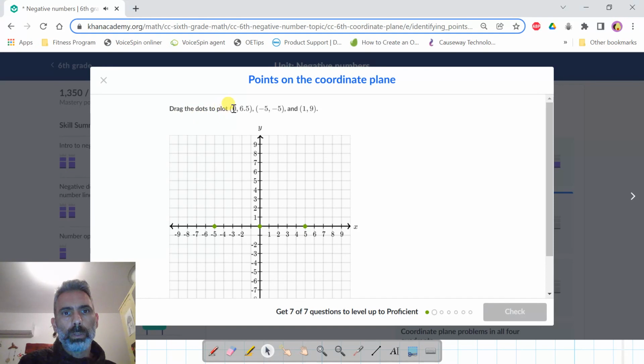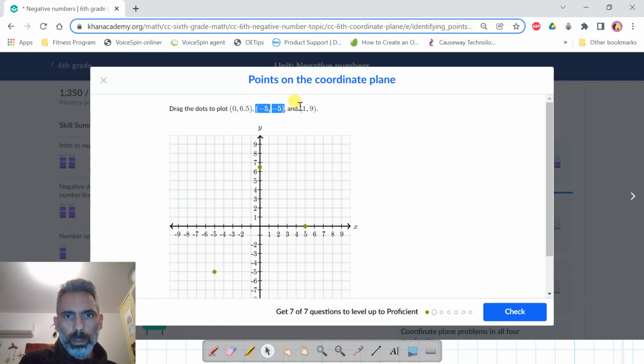Drag the dots to plot (0, 6.5). Okay. 0 on the x and 6.5 on the y. So that's the first one. Second one, -5 on the x, -5 on the y.